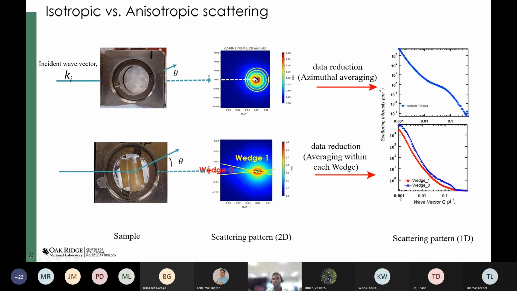I'm sure Vinky is going to talk today or tomorrow in detail about it. Wedge 1 comes completely from the isotropic part of the sample, while wedge 0 comes from the aligned features and the matrix of the system. So when we subtract wedge 1 from wedge 0, we can completely get the scattering coming from the aligned system.